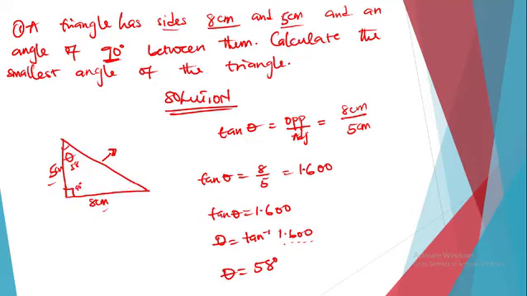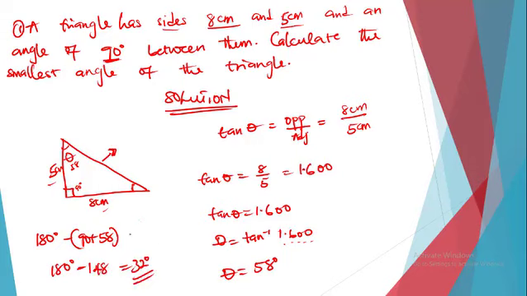We are meant to find the value of this angle. We say 180 degrees minus the sum of 90 plus 58 will give us the value of this. 90 plus 58 gives us 148, and 180 minus 148 will give us 32 degrees.